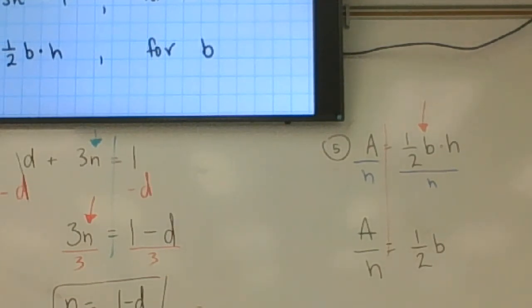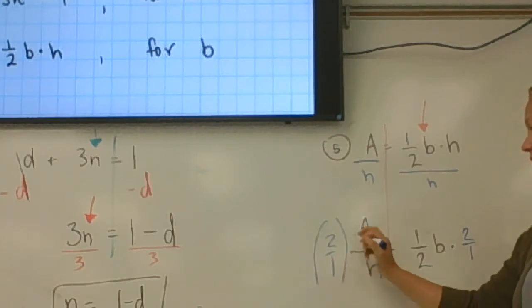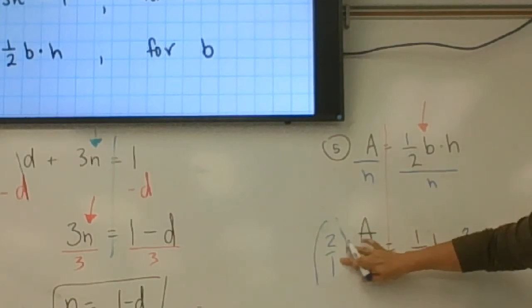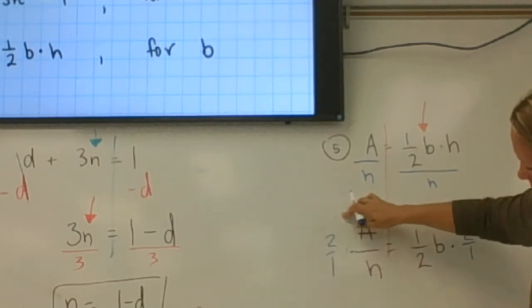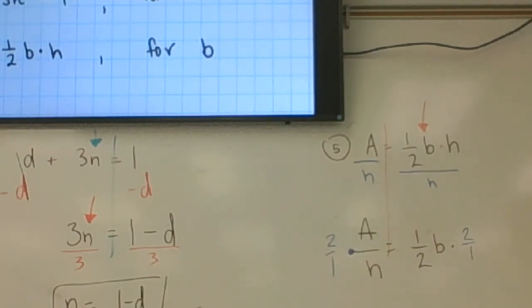Okay, now we'll get rid of the fraction. Logan, how do we get rid of the fraction? If I multiply by 2/1, that'll cancel 1/2. I could just do the dot, I guess.